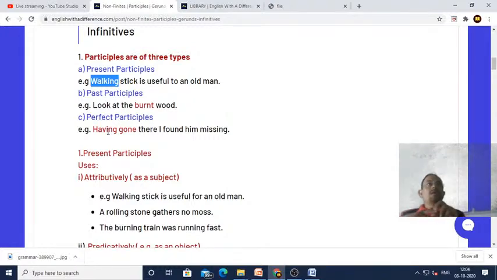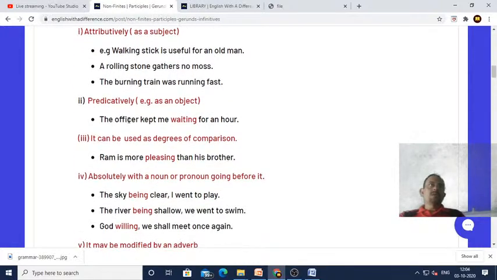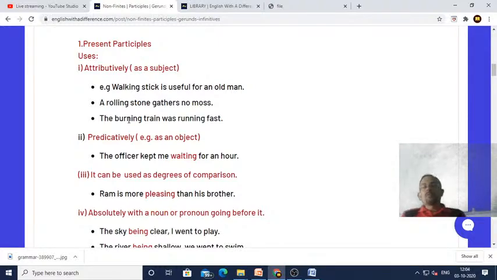Now we shall discuss in detail the first type of participle, that is present participle, and you have to remember these uses whenever I discuss them with you, because afterwards there will be a worksheet and also a quiz. If you do not understand it properly and retain it, it will be difficult for you to answer my quiz.